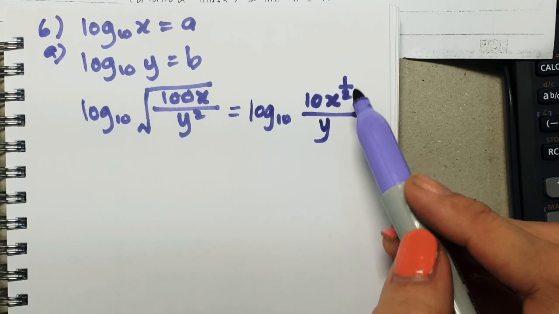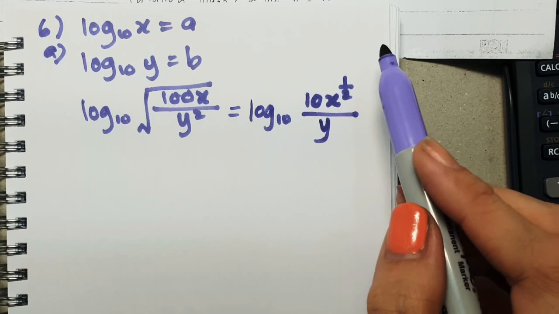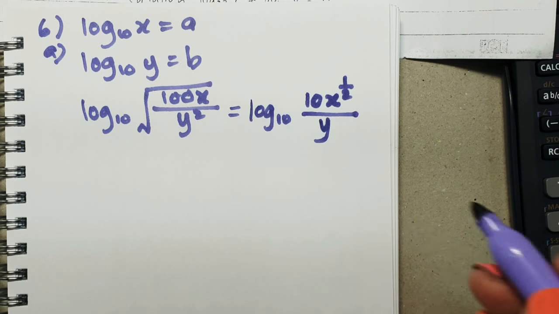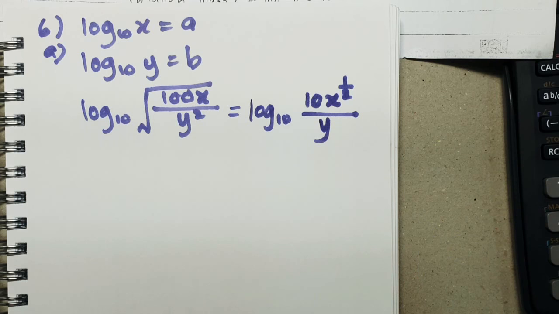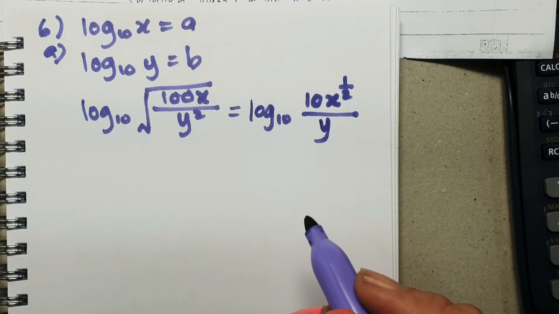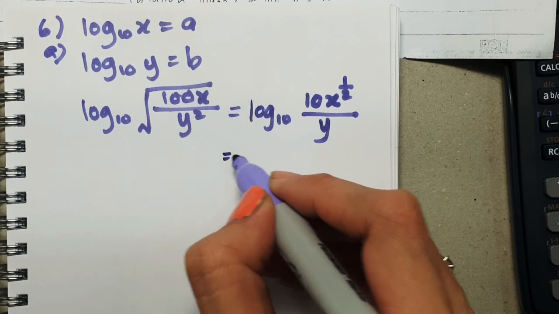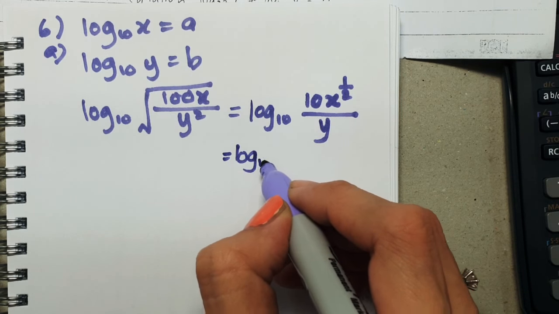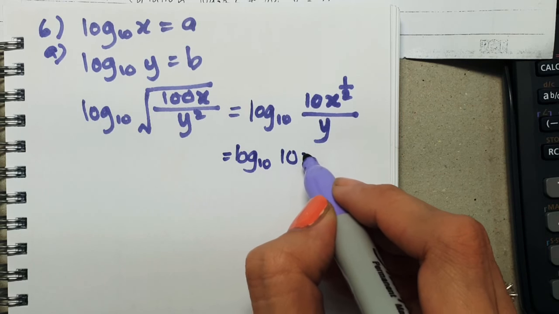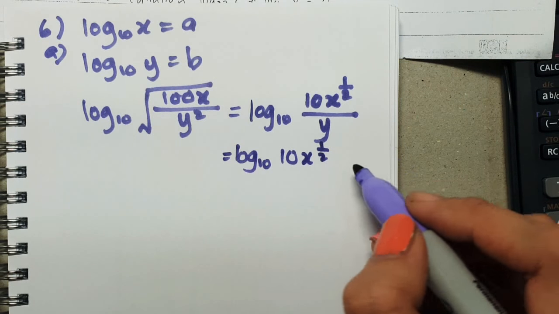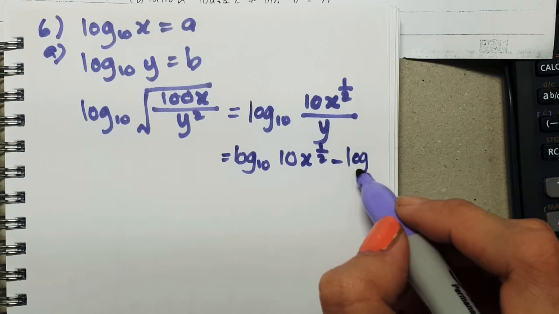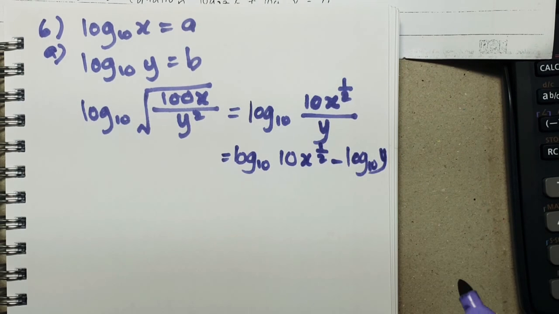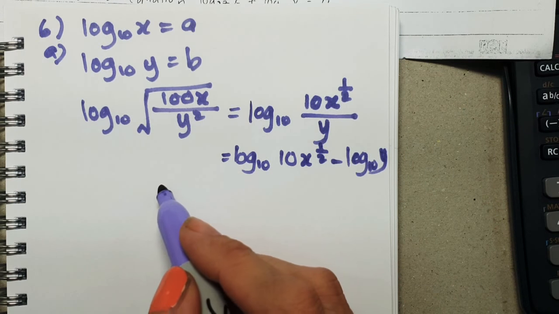So this is log of a quotient. So next we can apply the law of logarithm. That will be log base 10 of 10x to the power of half minus log base 10 of y.